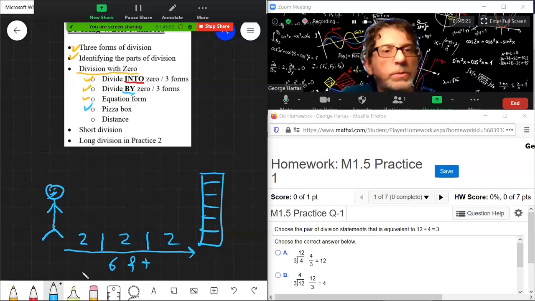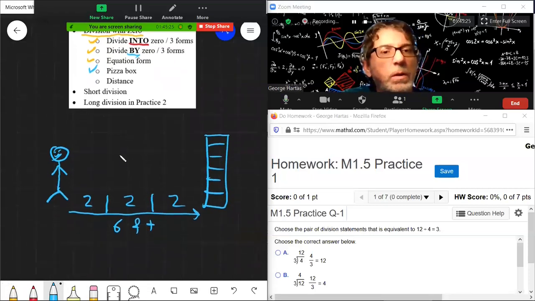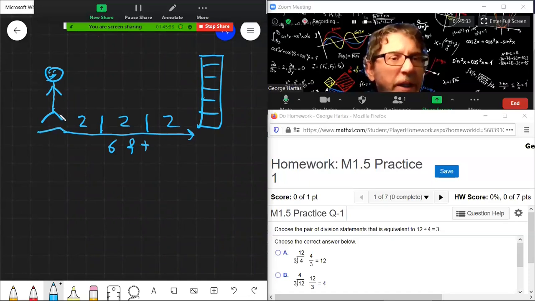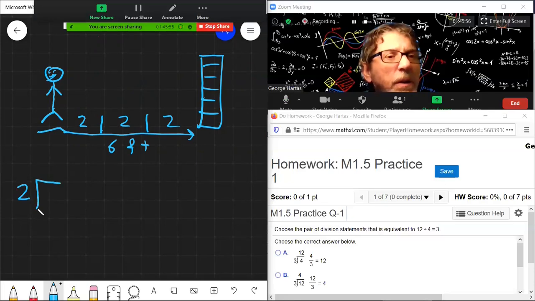So the question is, how many strides would I have to take to move from here, where I'm standing, to the wall? Well, there's one stride, another stride, and another stride. It takes 3 strides to get from here 6 feet to the wall, because each stride is 2 feet, and the wall is 6 feet away.